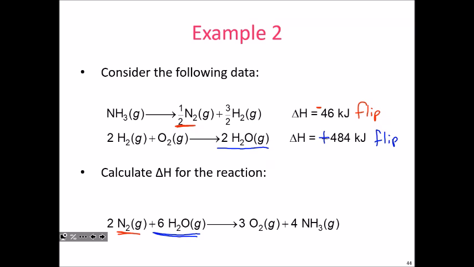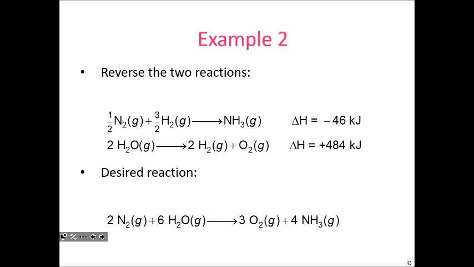Okay, so go ahead, we're going to rewrite them in a minute, so give it a moment here. We're going to flip both of them, but when we look at their coefficients, they're not accurate either, right? So let's do that. Okay, so now they're flipped, but looking here, we need 2 nitrogen gas molecules.